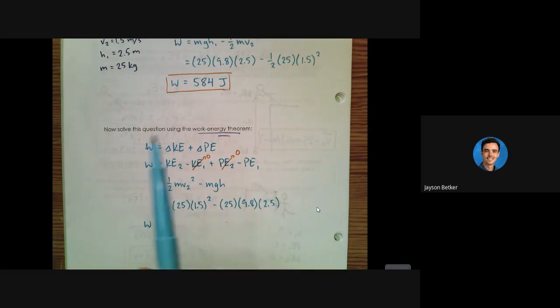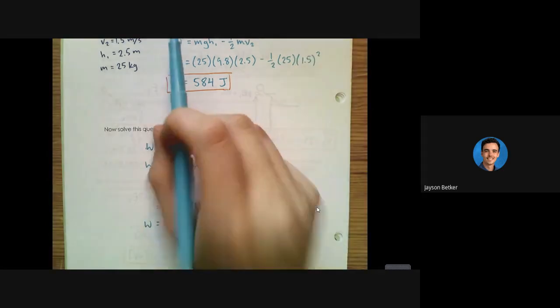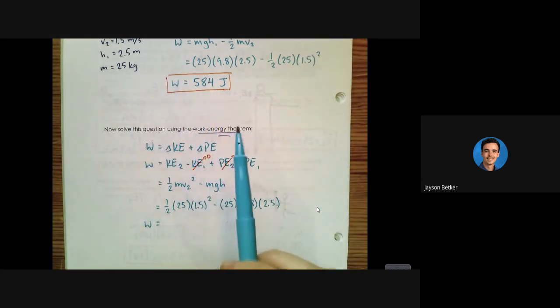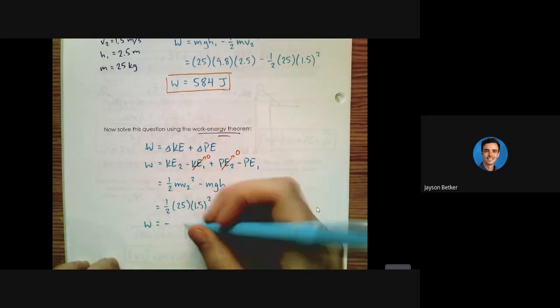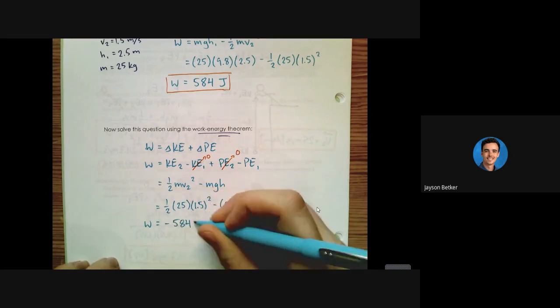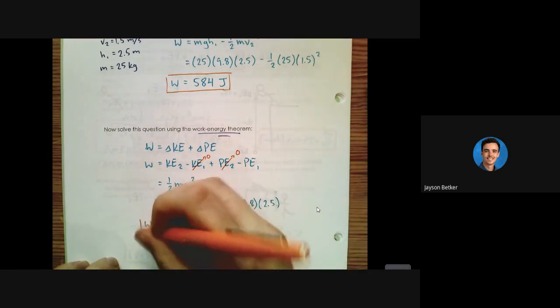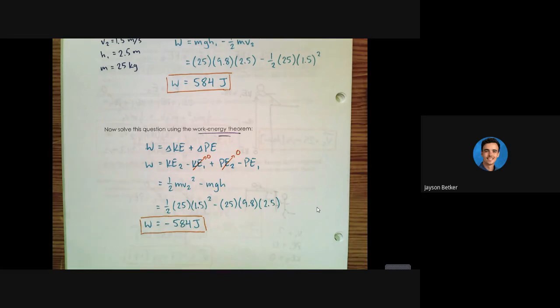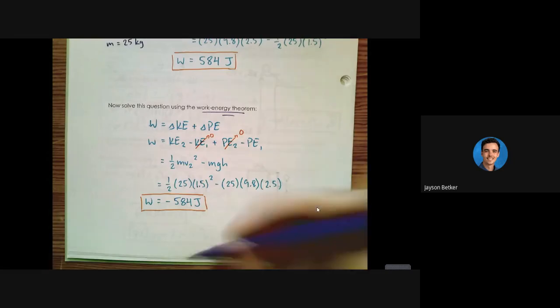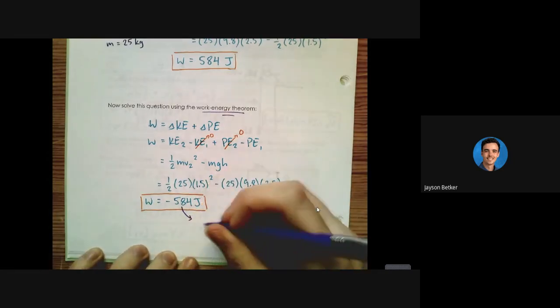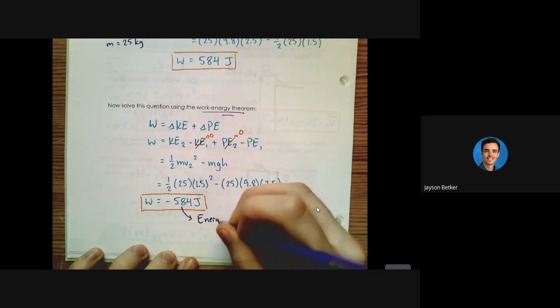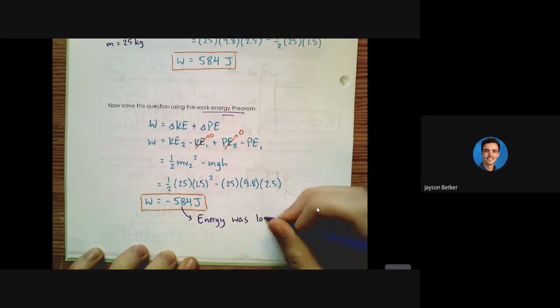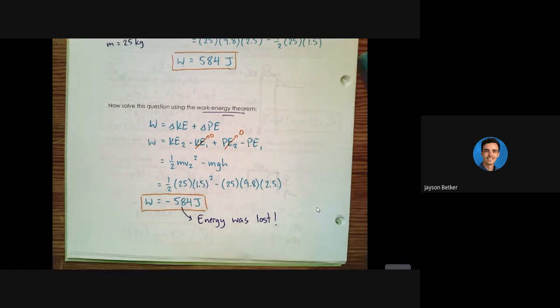In the last scenario, I looked at it as how much work was done by friction, and in this scenario, it actually shows us how much energy was lost due to friction, and we end up getting a negative answer for that reason. So that's the only difference between those two ways. That's kind of why we don't really look at it. We only look at it as a scalar because you can explain it in a couple different ways. So therefore, here I'm just going to say energy was lost, which makes sense. We lose energy due to friction.